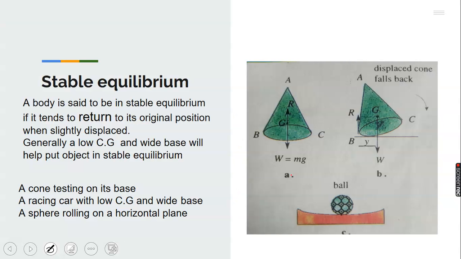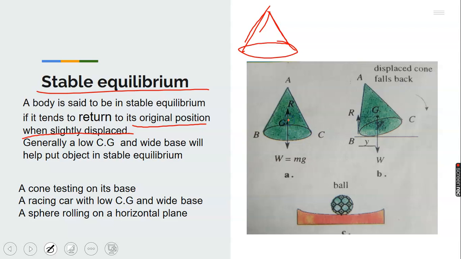Now, look at stable equilibrium. A body is said to be in stable equilibrium if it tends to return to its original position when slightly displaced. Now, when you have a cone standing on its base, the center of gravity is at this point.